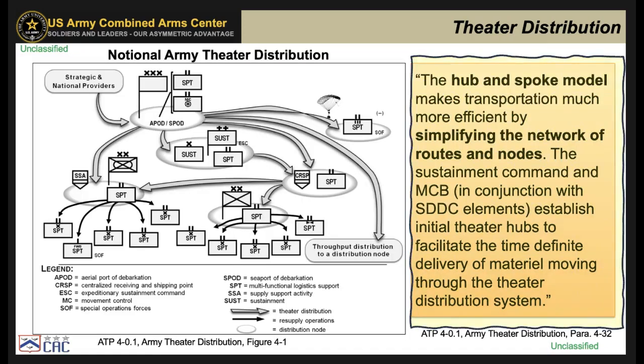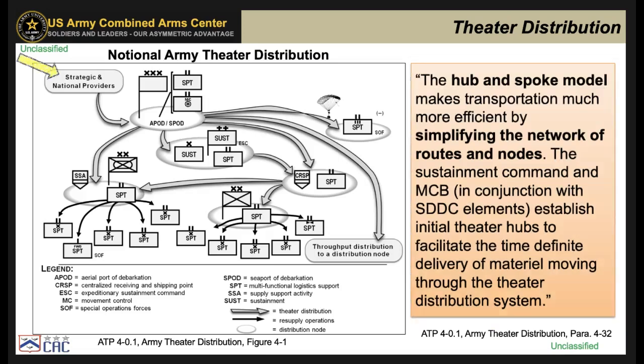The hub and spoke model simplifies the network of routes and nodes. It's a strategic approach that ensures materiel moves through the theater distribution system in a time-definite manner. At the heart of this system are the strategic and national providers who initiate the flow of supplies.